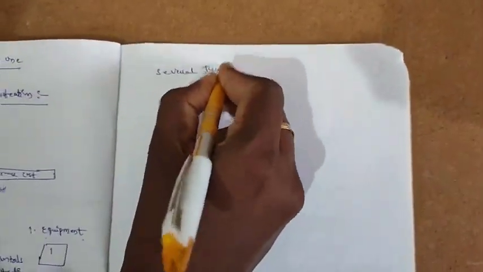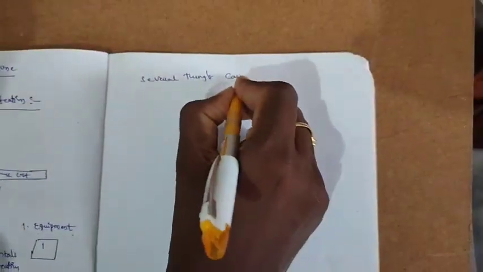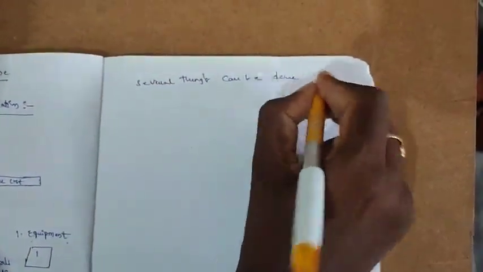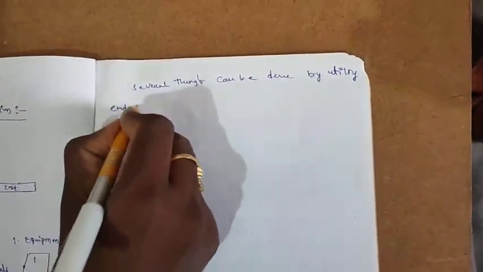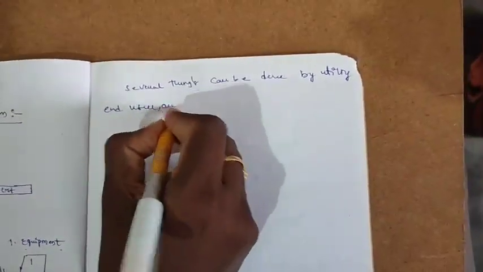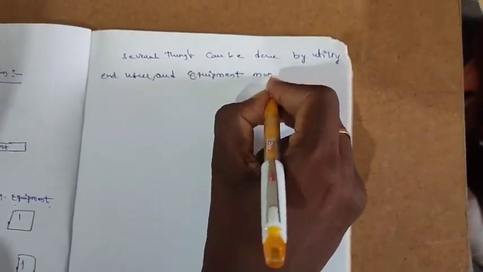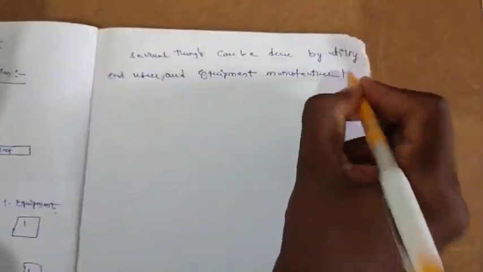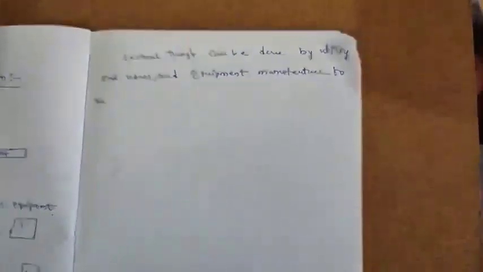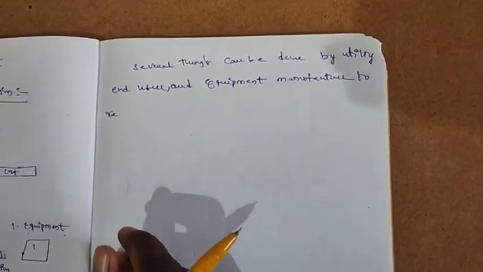So here we can provide several things that can be done by the utility, end user and equipment manufacturer. To reduce, what is the concept? To reduce the severity of voltage sag and sensitivity of equipment to the voltage source.